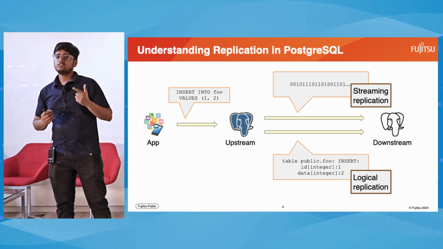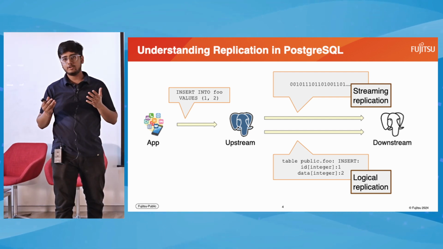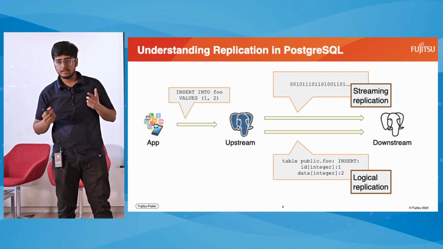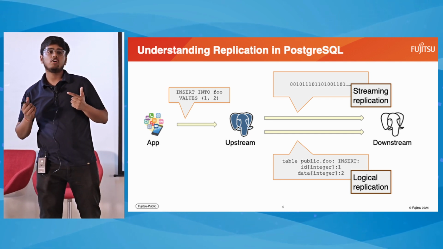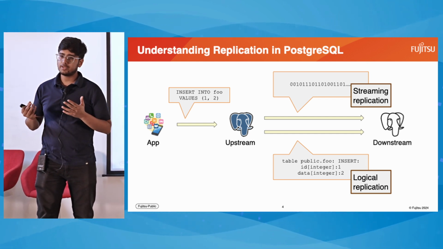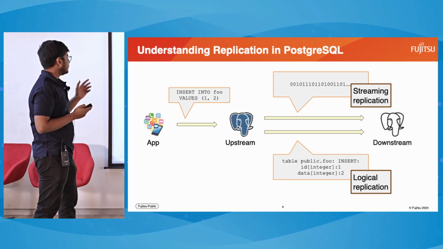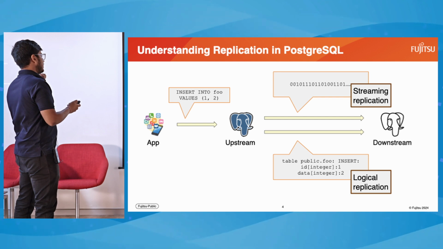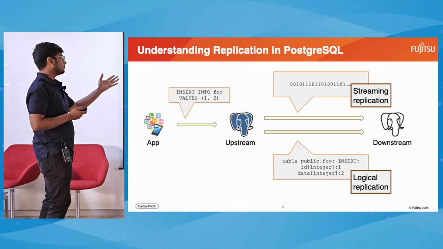The main difference between both is what kind of data they send during replication. During streaming replication, they usually send the exact WAL files, whereas in logical replication, these WAL files are processed and a special replication message is sent. Let's see with one example. Suppose there is one application which sends some query to the upstream.